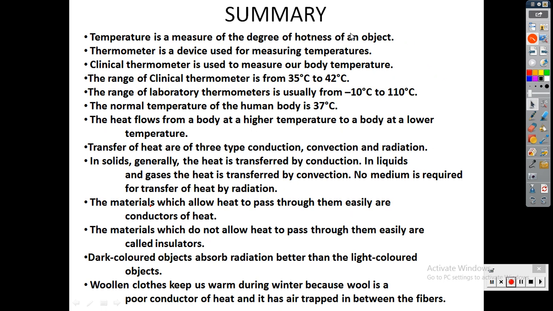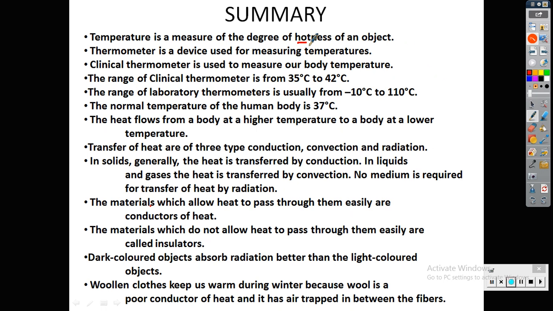In this chapter's summary, we have studied the hotness of an object. We studied the thermometer, different types of thermometers, how we measure with a thermometer, then the clinical thermometer and its uses, and different types of clinical thermometer.